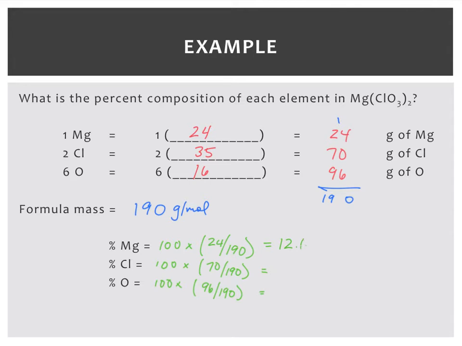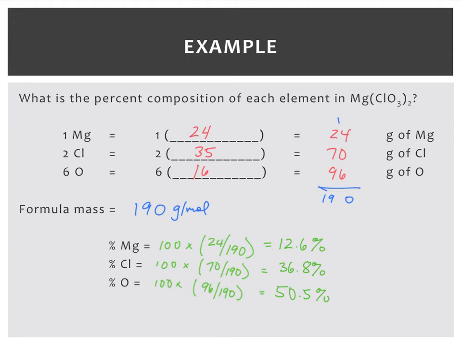So we should get about 12.6% for magnesium. 70 divided by 190, we should get 36.8% for chlorine. And then 50.5% for oxygen.